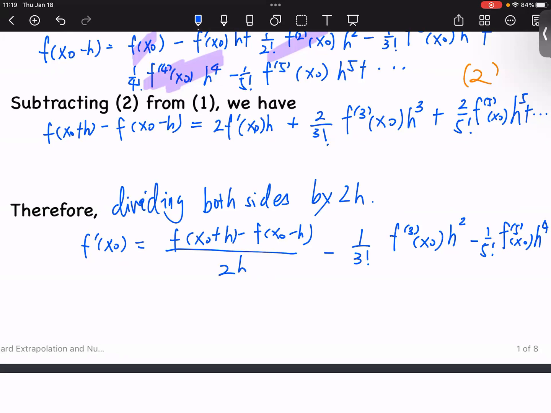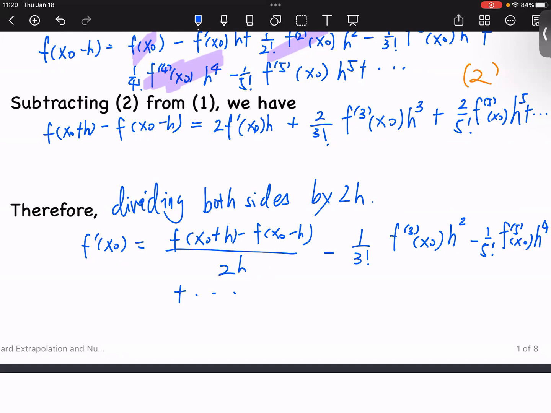And I'm also changing the sign because I moved the things to one side. We also have more error terms here, but that's not important because the terms coming after it are higher order, and this one is the dominant error term.